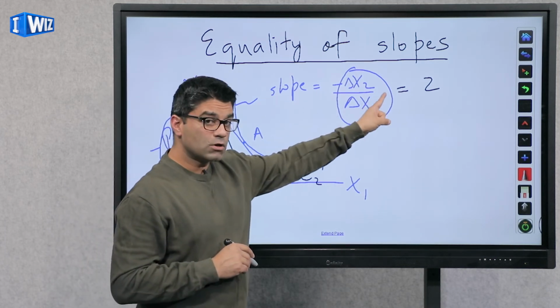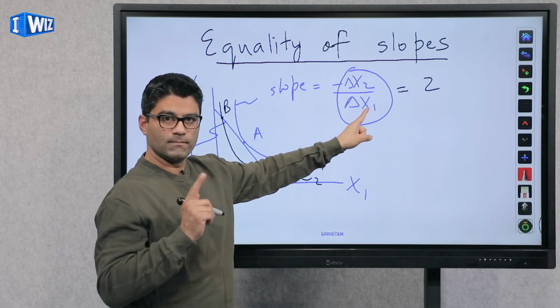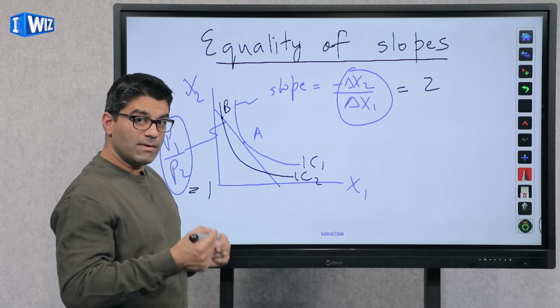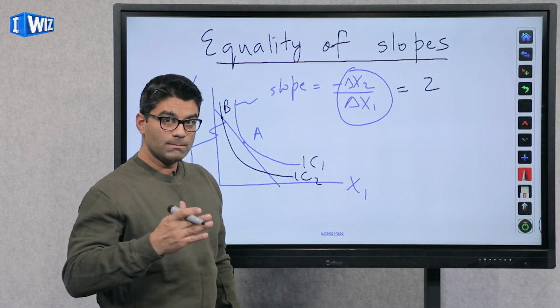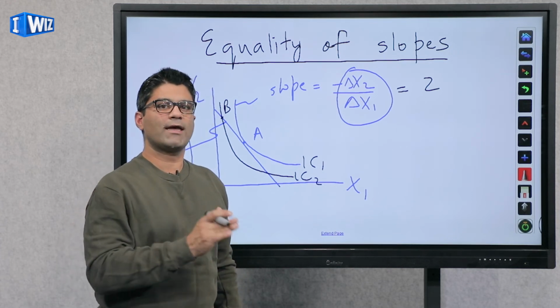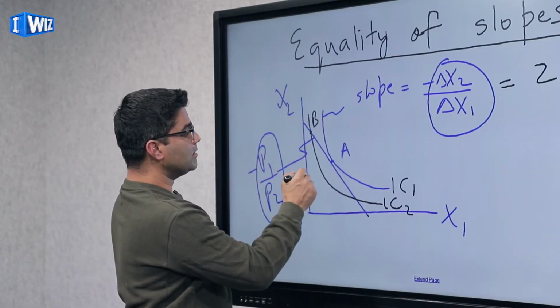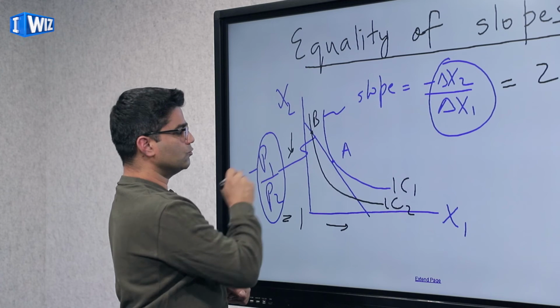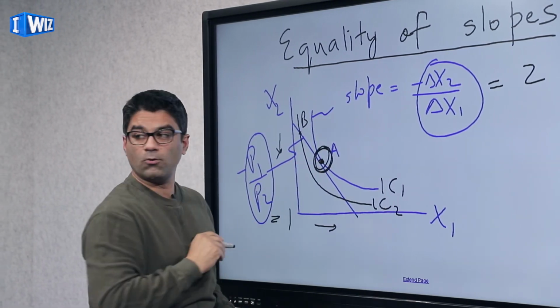So if I'm willing to give up 2 units of good 2 to get 1 unit of good 1, but the prices of both are the same, I will get happier if I consume more of X1, because I'm willing to give up 2 units of X2 to get X1, but it's relatively cheaper. So if you're at point B, you would be happier if you consume more of X1 and less of X2. And that's exactly what you do to get to this point.